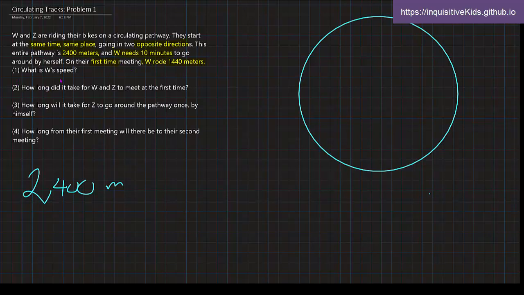So number 1 is, what is W's speed? To find speed, we need the distance divided by the time. Where are the distance and time? We're given the time of her going around the whole thing by herself, 10 minutes, and the distance of the whole thing, which is 2,400 meters.